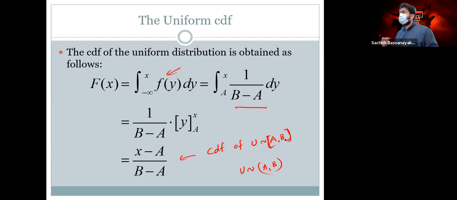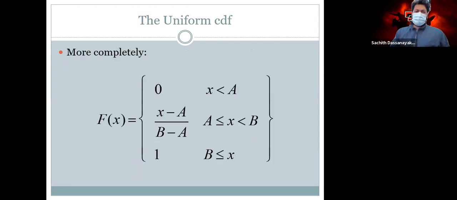You know those symbols, right? Square bracket and normal bracket. Everything in this continuous random variable, we deal with integrals instead of summations.